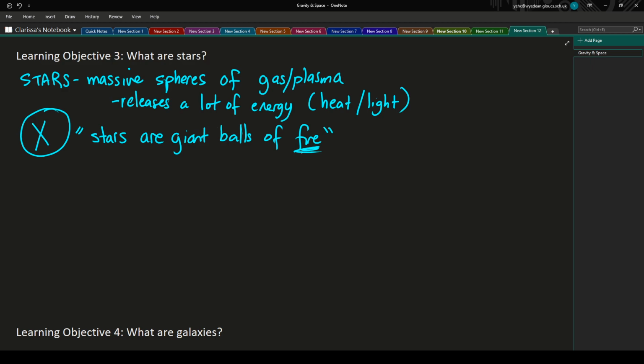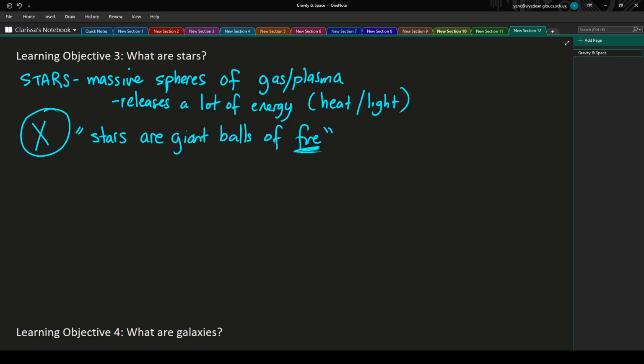As you can imagine, this is actually quite an easy mistake to make, because when you look at close-up pictures of our sun or of a star, because it's reddish and yellow, you might think, oh yeah, that looks exactly like fire.